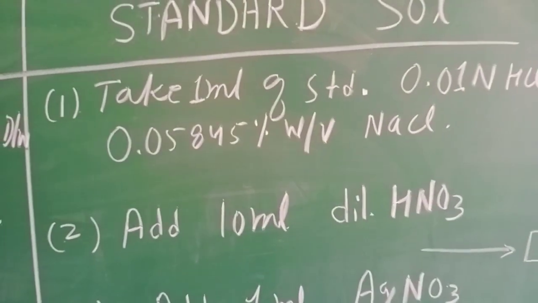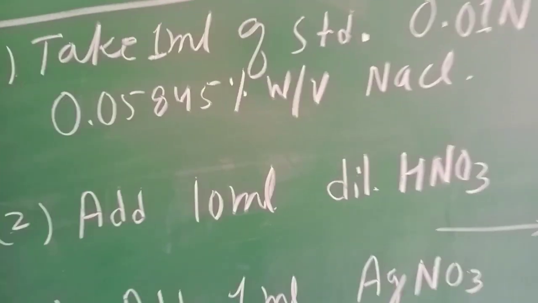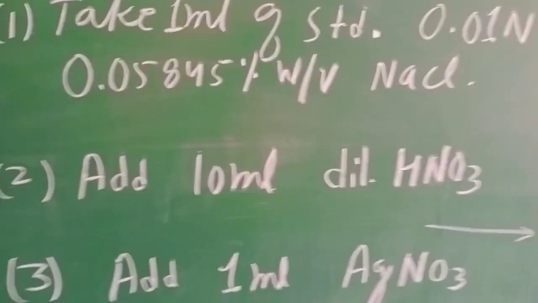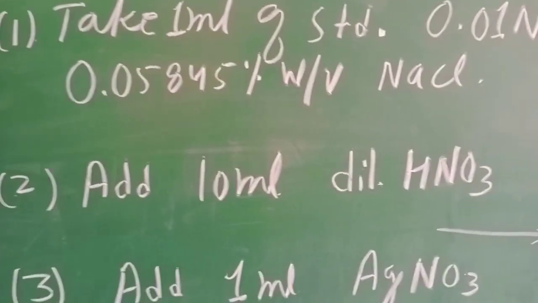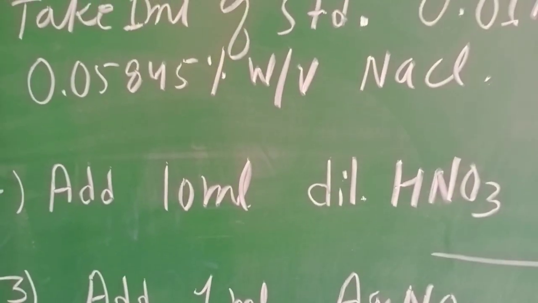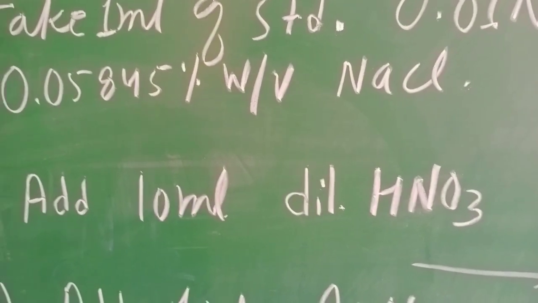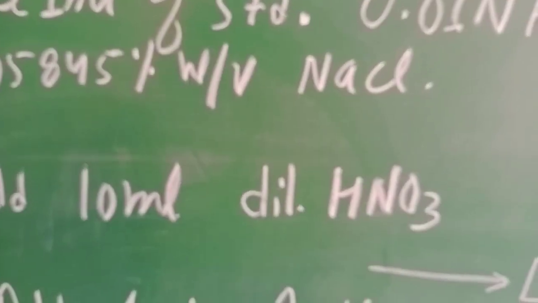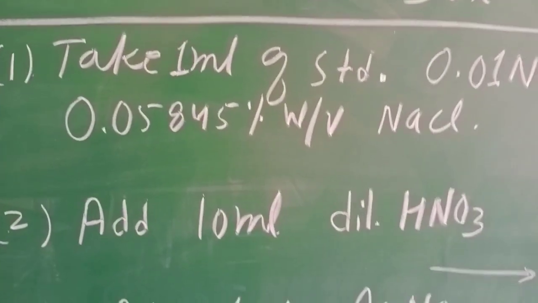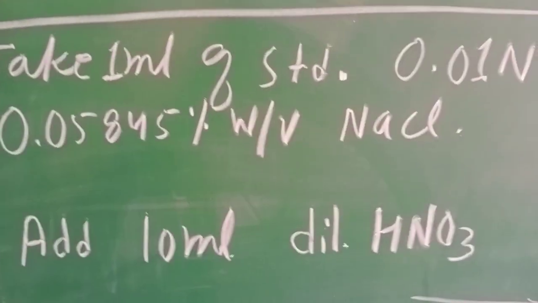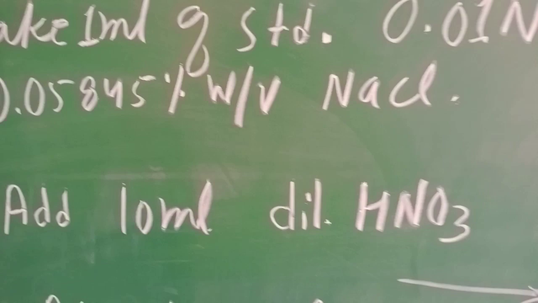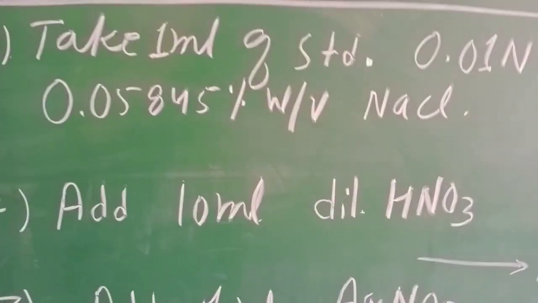Once we are done with step 1, we move to step 2, the addition of 10 ml of dilute HNO3. As I said, in the case of the standard solution, as HNO3 is an acid, it must be added carefully into the Nessler cylinder, and the one performing the limit test should not come in direct contact with the acid, although it is diluted.